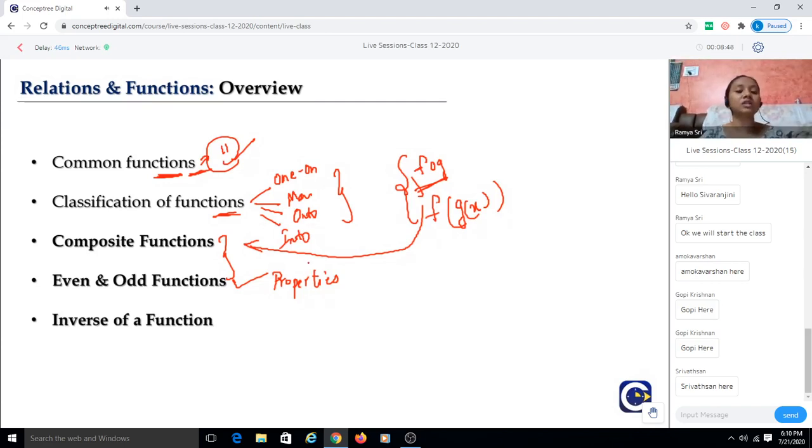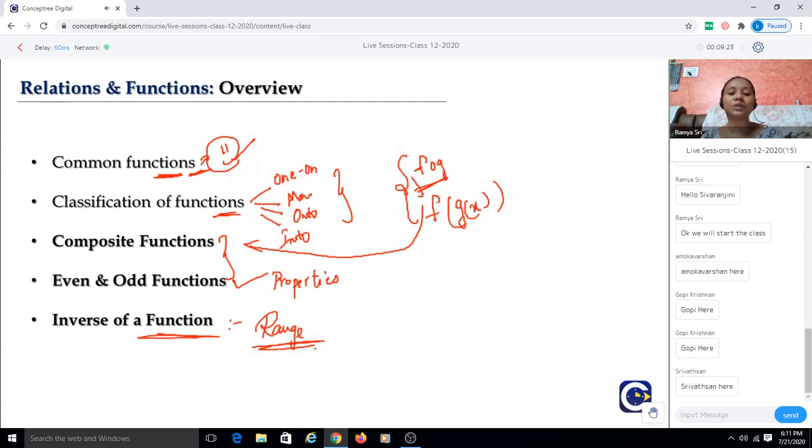As the last topic of our session, it will be the inverse of a function. Just like while discussing matrices, where we found an inverse, functions will also have an inverse. While studying functions in our 11th standard, you might have come across the word range, isn't it?